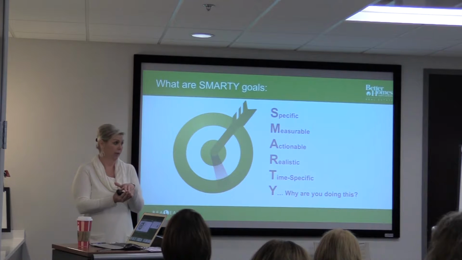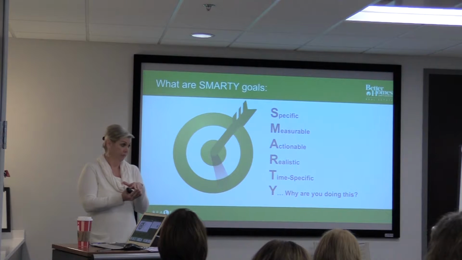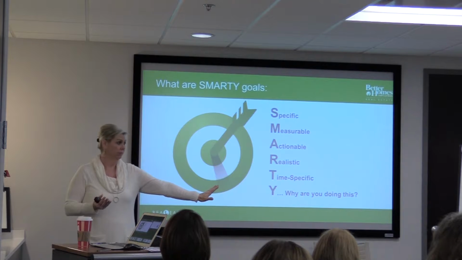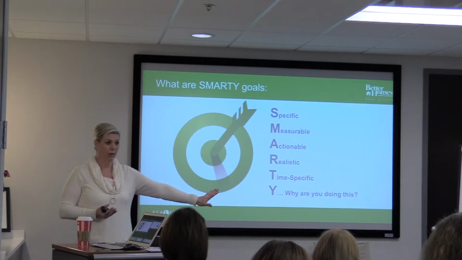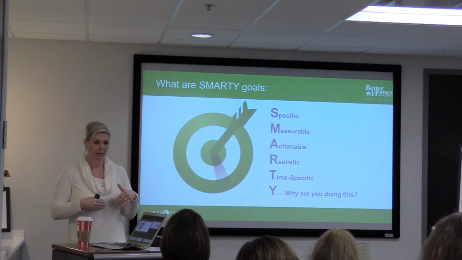Let's say you're a $6 to $8 million producer, and your goal next year is to do 30 million. You better have a really good plan, or the plan is going to get thrown in the trash because you have no way of getting there. So make sure they're realistic for you.